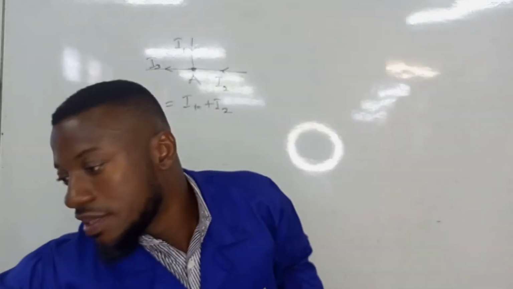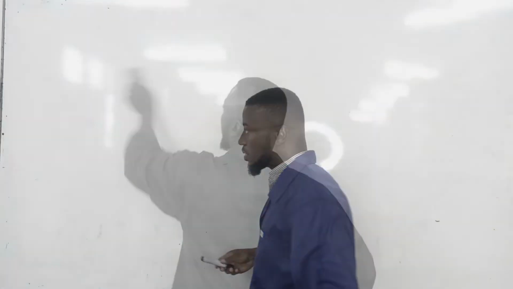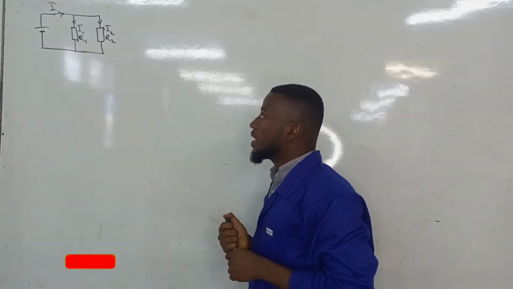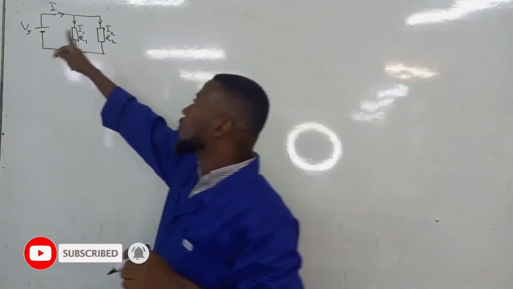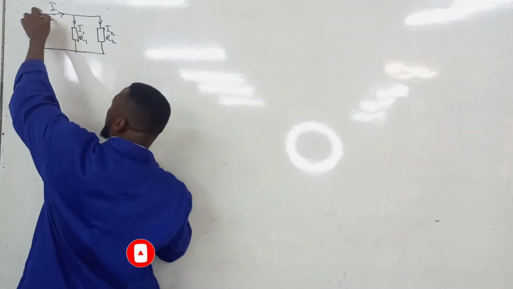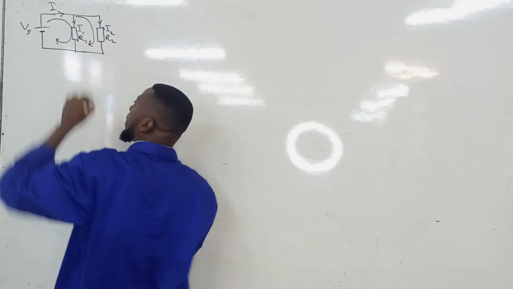Okay, so let's find a circuit that we can work with. Let's consider that from Vs, current flows through this loop and current flows through this loop.